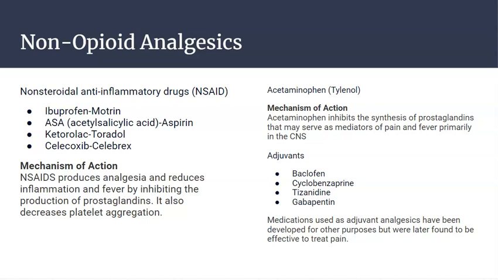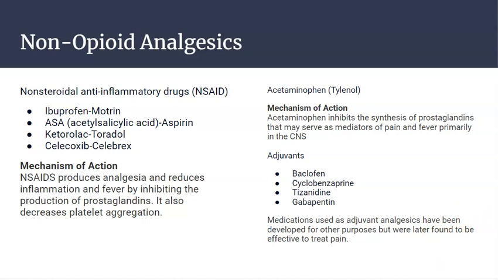And know that Tylenol or acetaminophen itself does not have anti-inflammatory properties. It relieves pain and can reduce a fever, but it does not have the same action as NSAIDs do.